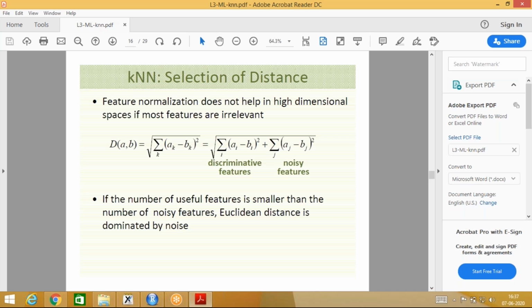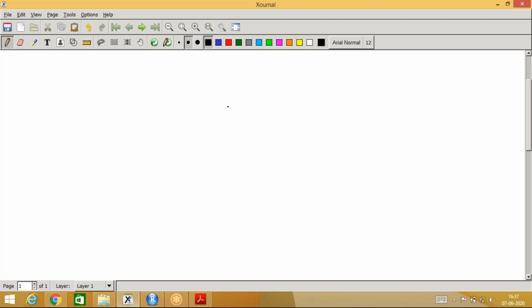Okay, what is Euclidean distance? Have you heard about this thing, Euclidean distance? So let's say this is my x-axis and this is my y-axis.